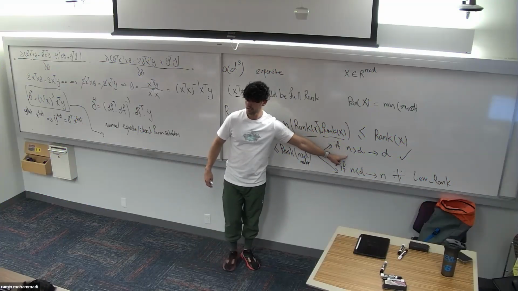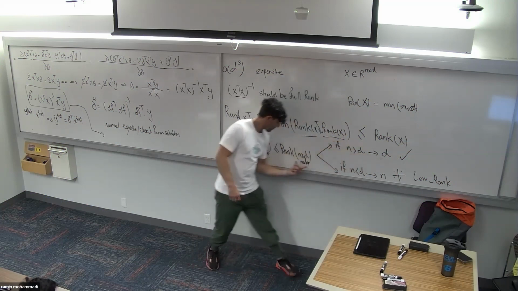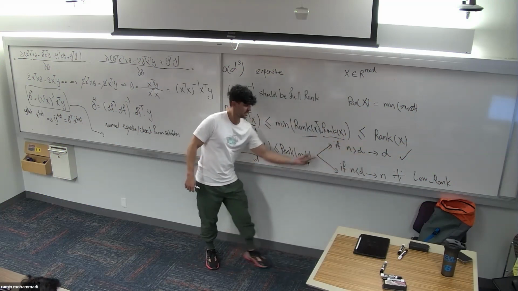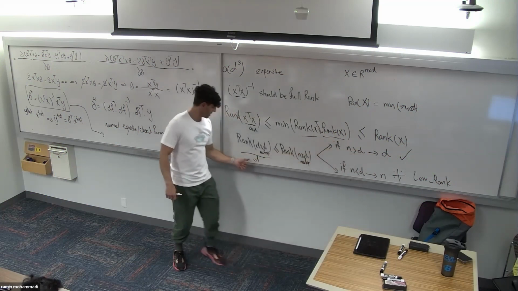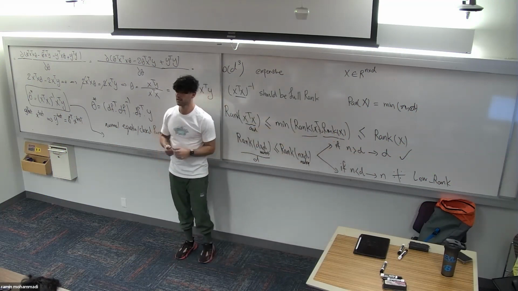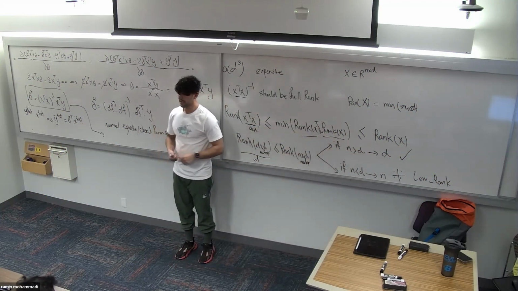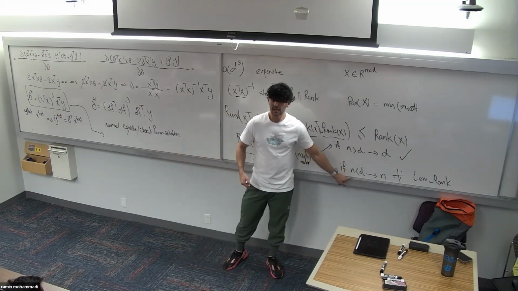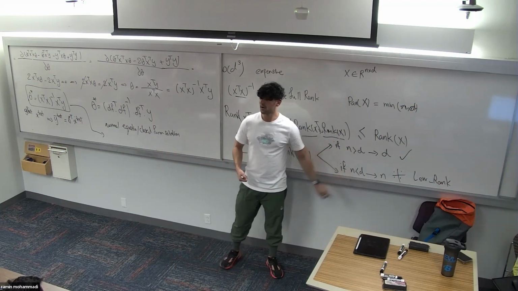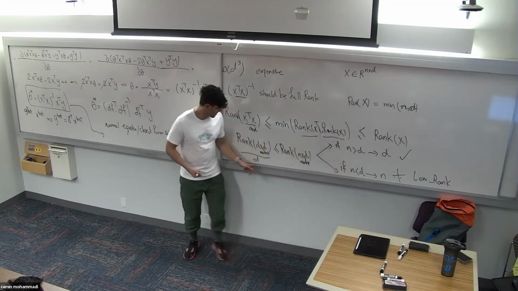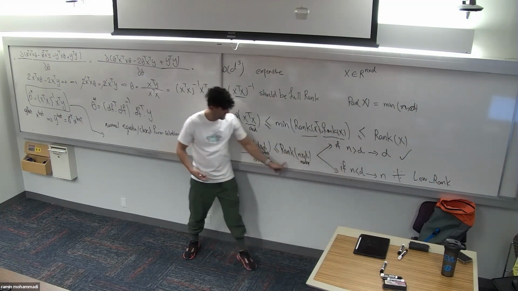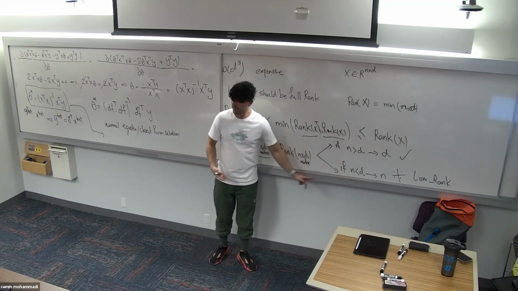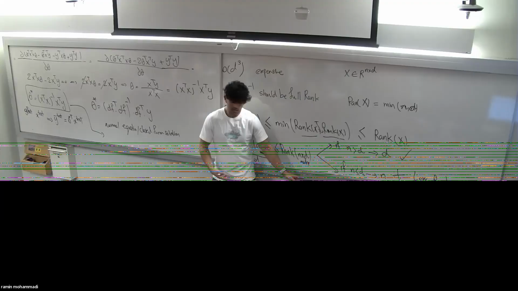Either N is greater than D, so the rank of this matrix becomes D. In that scenario, D less than or equal to D, and the matrix is full rank. In the second scenario, if N is less than D, then the rank of X becomes N, and we reach D less than or equal to N. However, N is less than D, so that equation is not valid, correct?